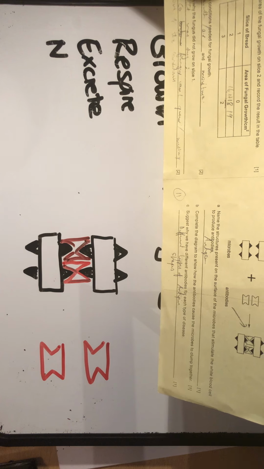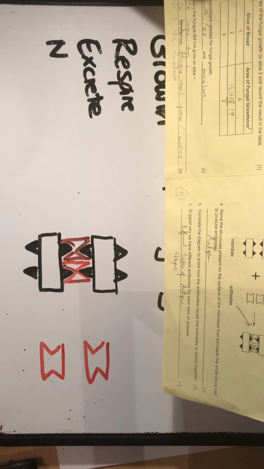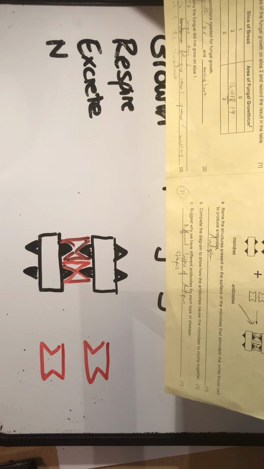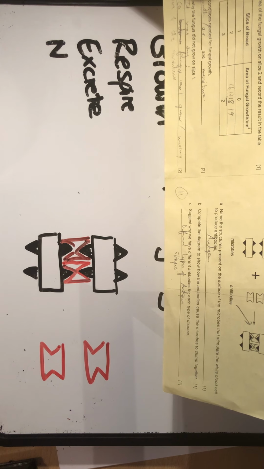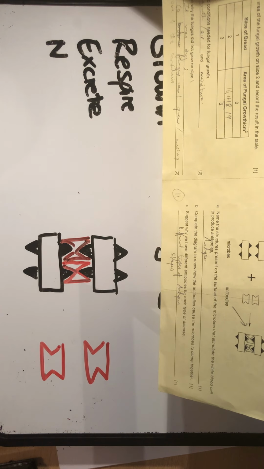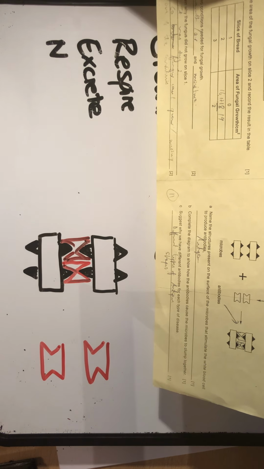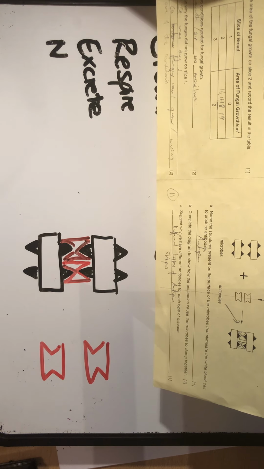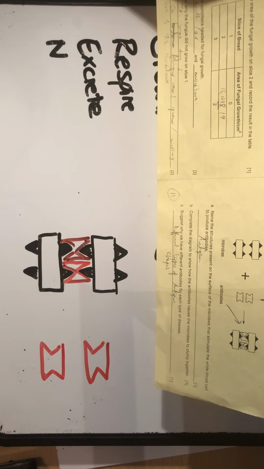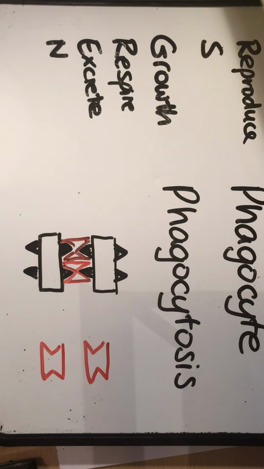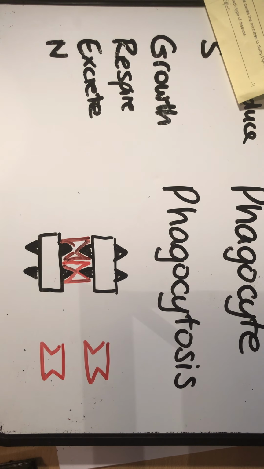So that was actually part B. Complete the diagram to show how the antibodies cause the microbes to clump together. Part A, name the structure present on the surface of the microbes that stimulates the white blood cell to produce antibodies. So we learnt that microbes have got antigens.